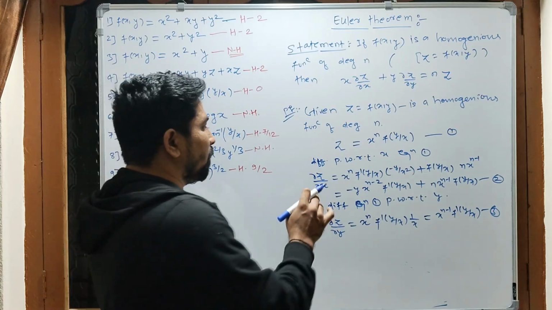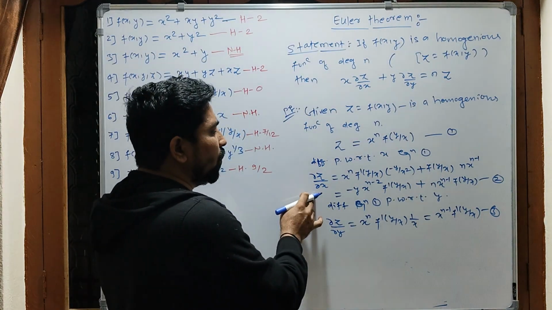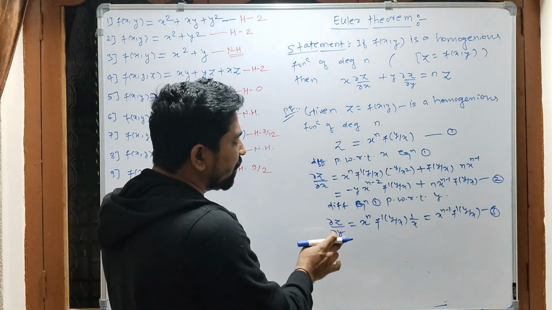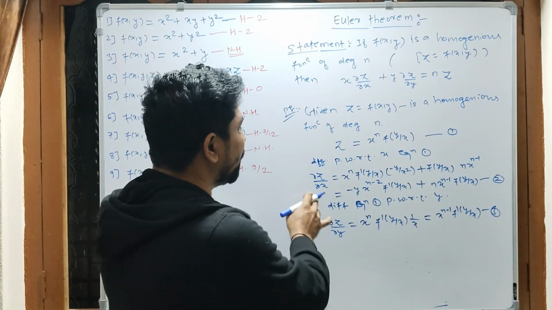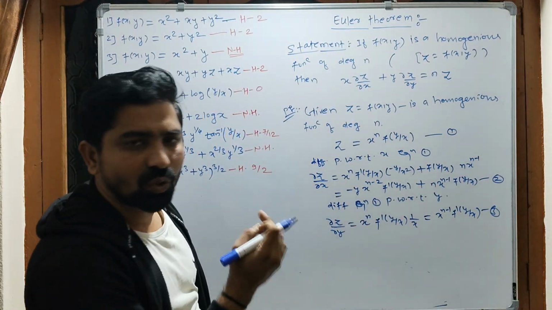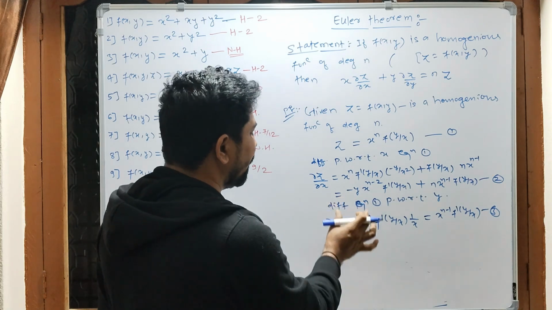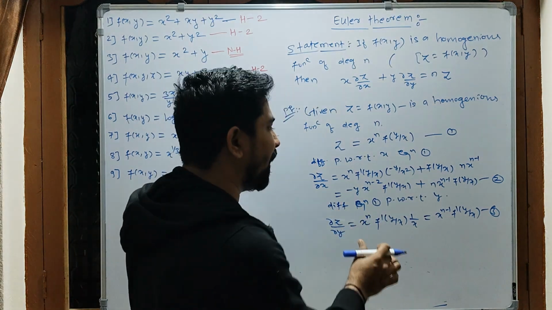Now multiply equation 2 by x and equation 3 by y and add. So multiply the left hand side and right hand side of equation 2 by x and equation 3 by y and add.